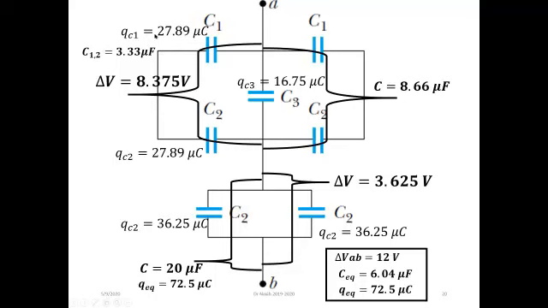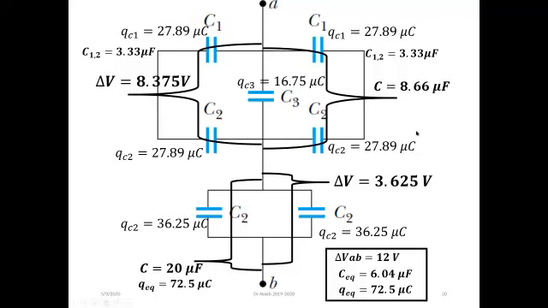We can easily multiply these two to find the charge on each of those capacitors. For the other side the same rule applies, and the charge on both capacitors will be 27.89 microcoulomb. This is the result.